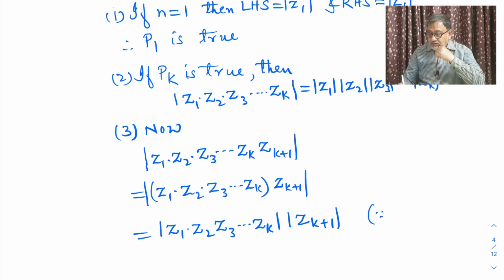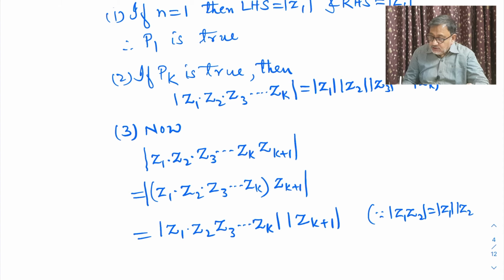Why am I writing like that? Since modulus of z1 into z2 is equal to modulus of z1 into modulus of z2. We have this property. So according to that we take the first bracket as one modulus and zk plus 1 as the second modulus.